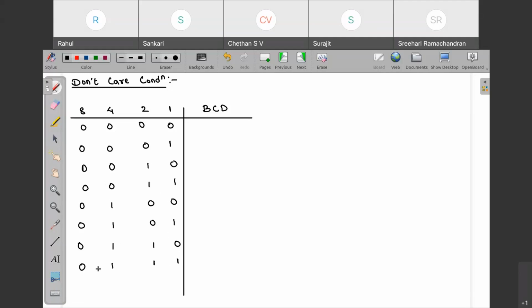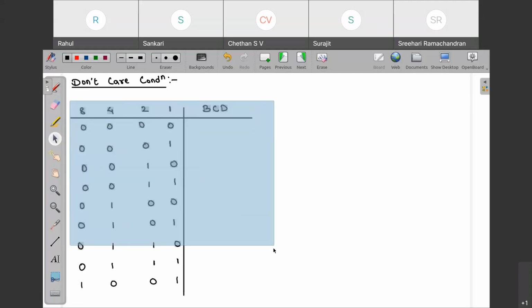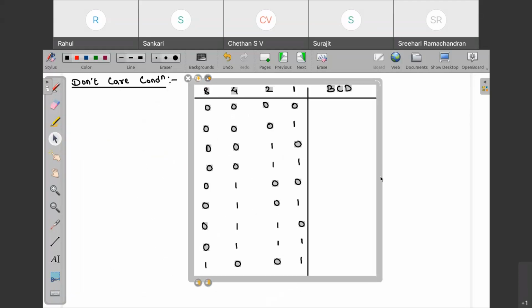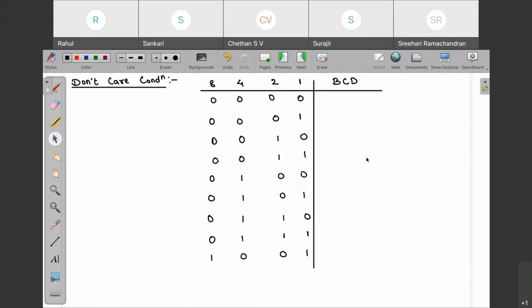For combinations of input for which the output can take either 0 or 1, those are called don't care.